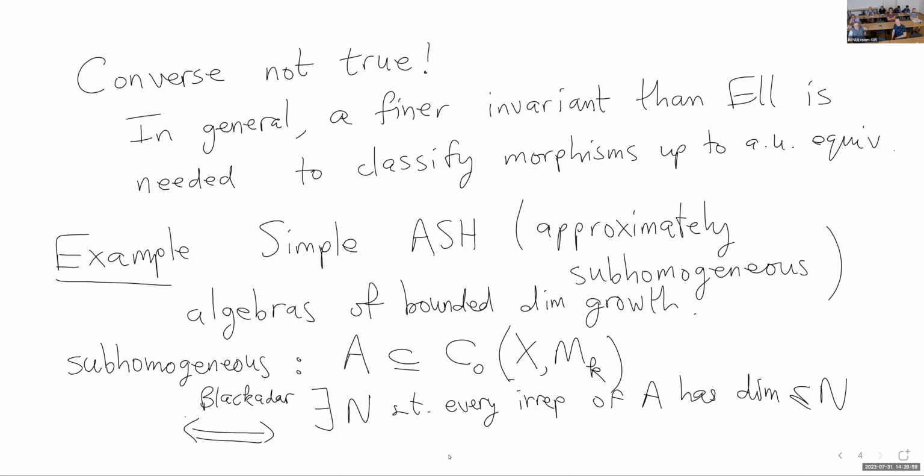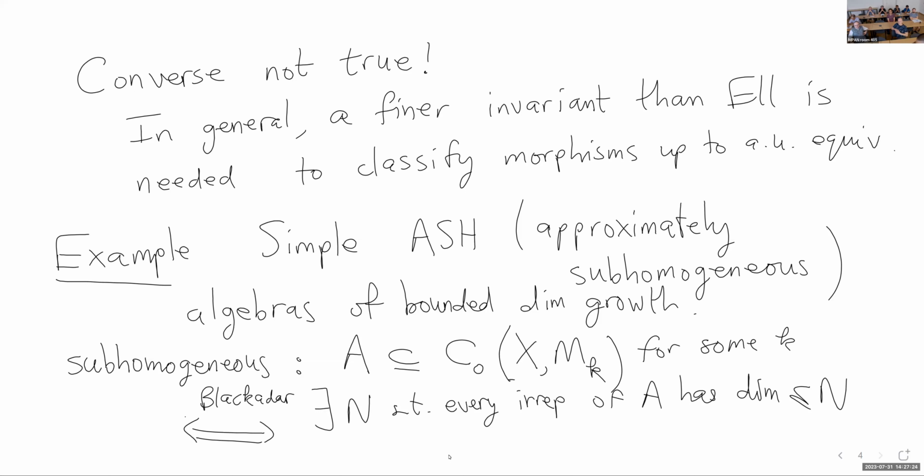Okay, but this is about finiteness, really. I don't fully understand this relation between k and n. I'm not claiming that there necessarily is an immediate relationship. I'm just saying that if there is some n that bounds the dimension of irreducible representations, then that is the definition of subhomogeneous.